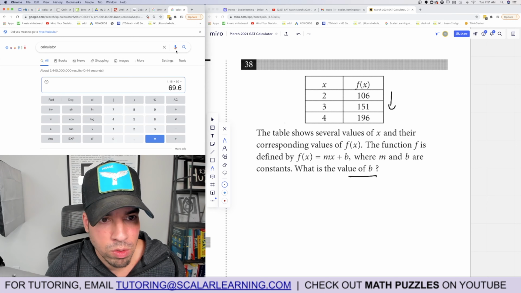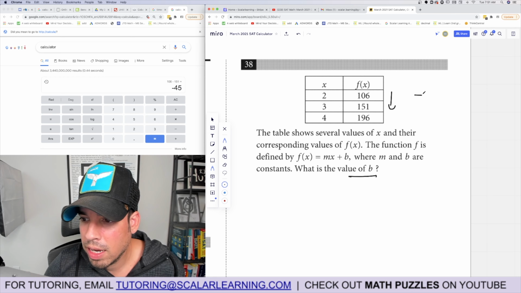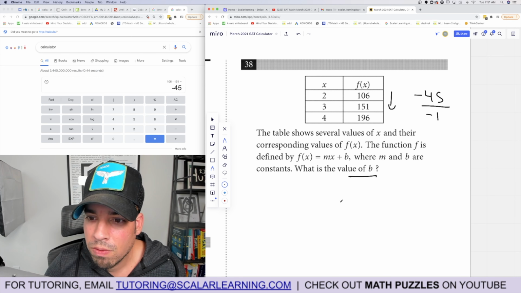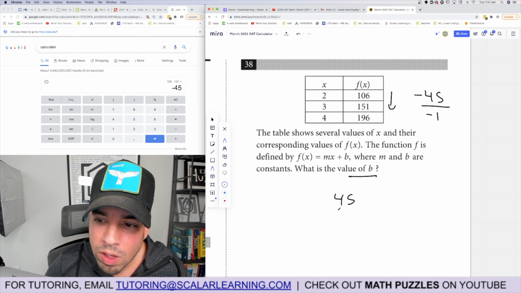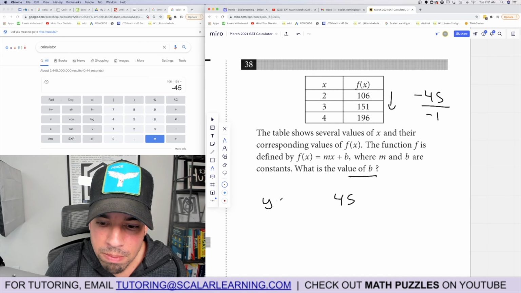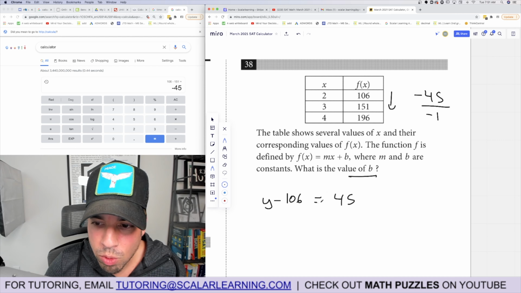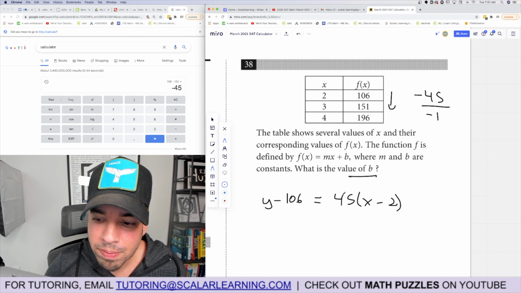So 106 minus 151. Don't need a calculator, but I'm just going to use it just to be safe. Don't want to make any mistakes. Negative 45 over 2 minus 3 is negative 1. So the slope is 45. And now let's do point slope. Y minus 106, I'm choosing the top coordinate, equals 45 times x minus 2.